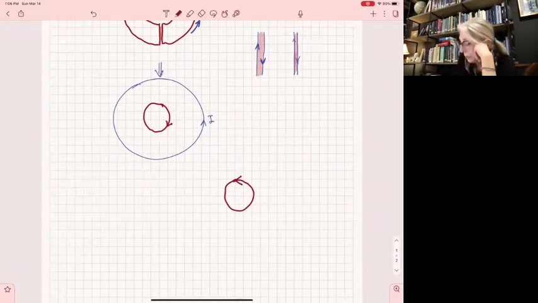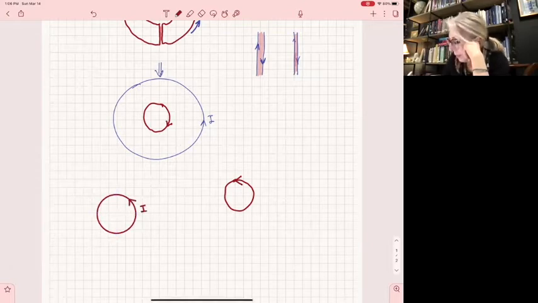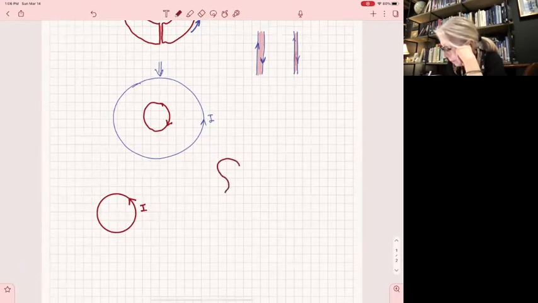All right, we took a loop, what we did in class, and we assumed that was one current. There can be a loop like this and have one current.